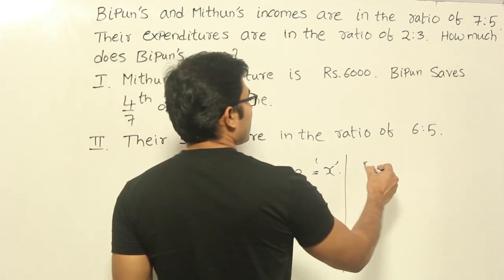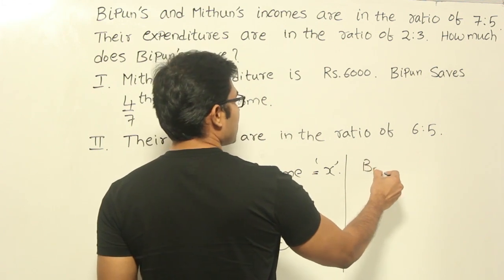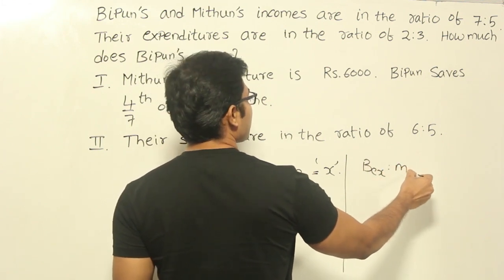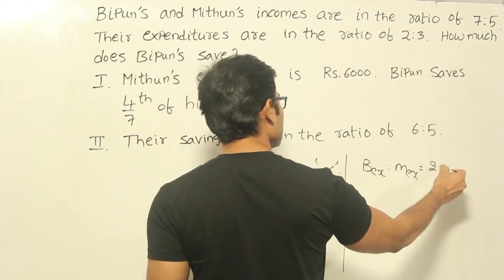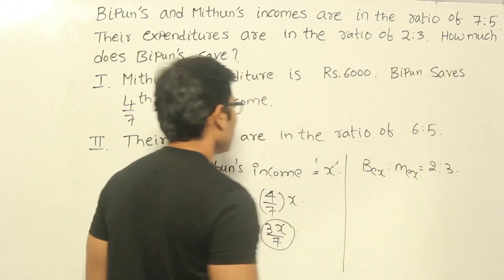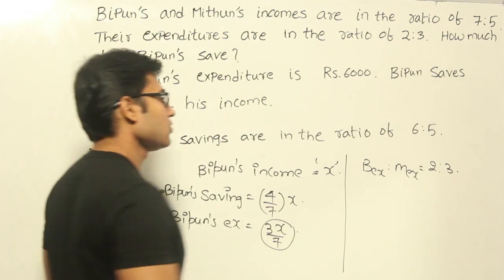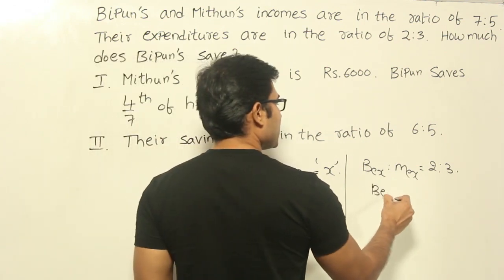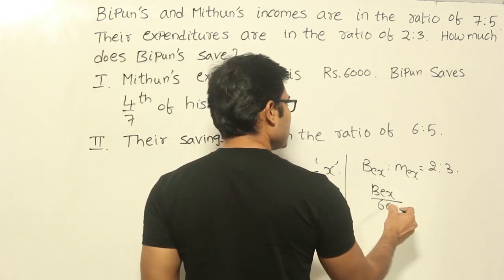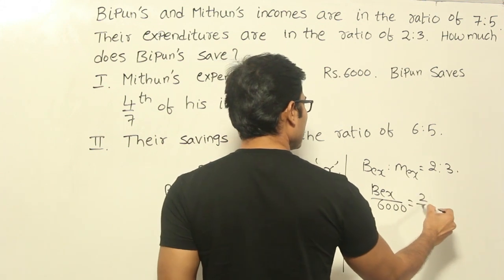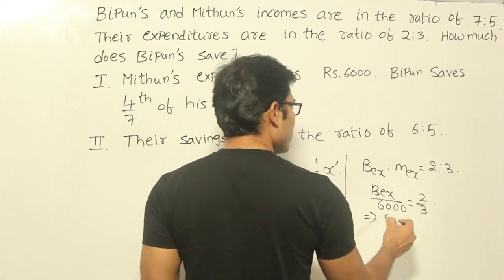Bipin's expenditure to Mithun's expenditure is already given as 2:3, right? And now they are saying that Mithun's expenditure is 6,000. So Bipin's expenditure divided by 6,000 is equal to 2/3. Now what do you get?